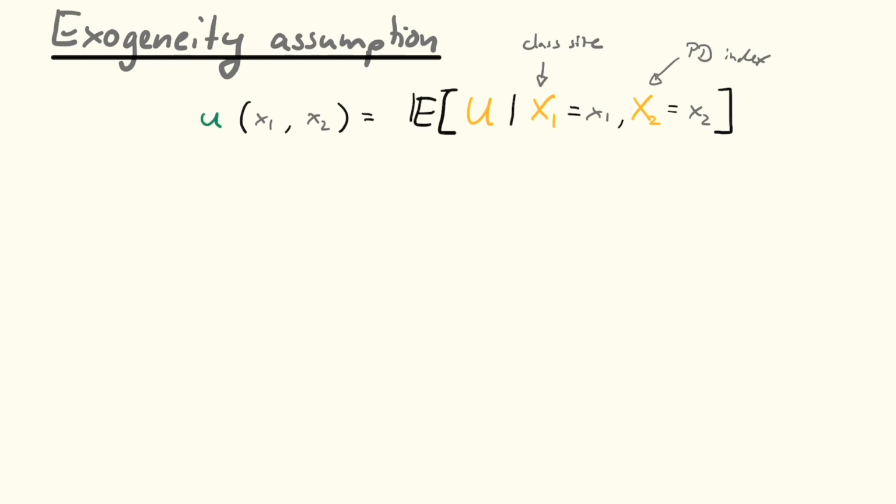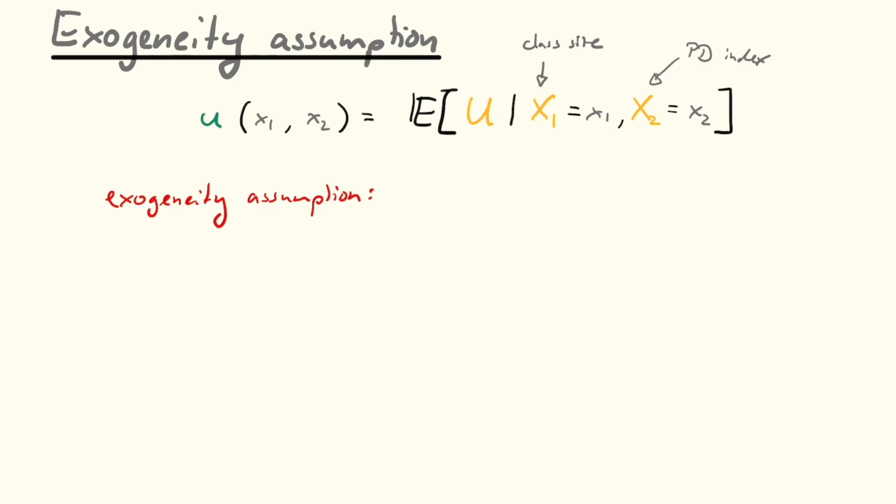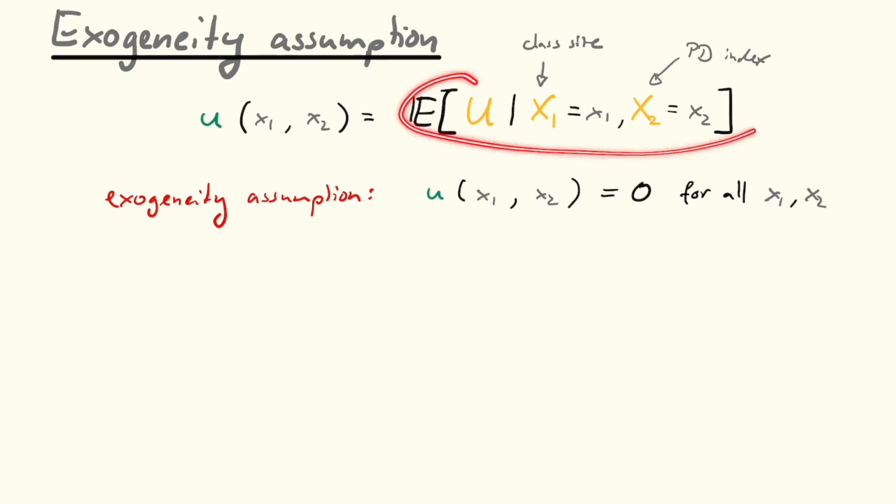So what was the exogeneity assumption again? The exogeneity assumption stated that this should always be 0. We can now write this more compactly as requiring that the u function is 0 for all values lowercase x1 and x2. Now let's apply what we've just learned about the interpretation of the conditional expectation as a best prediction.